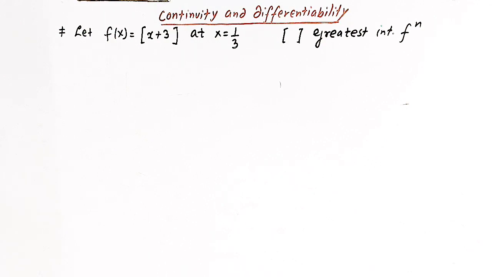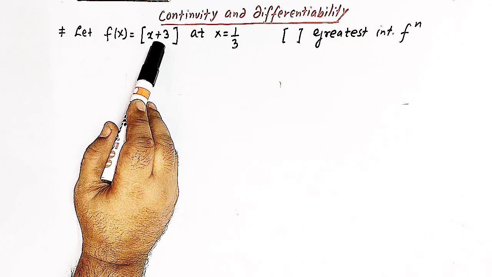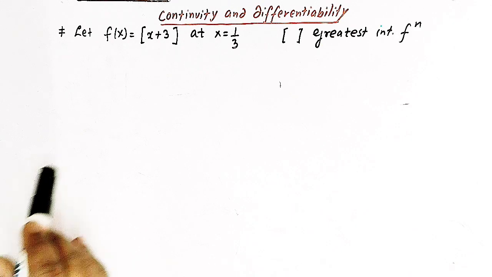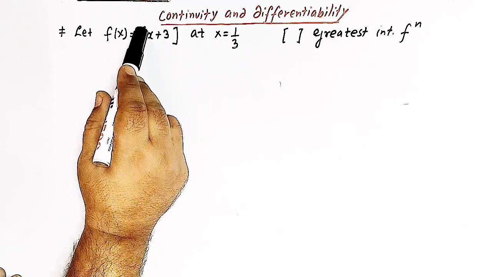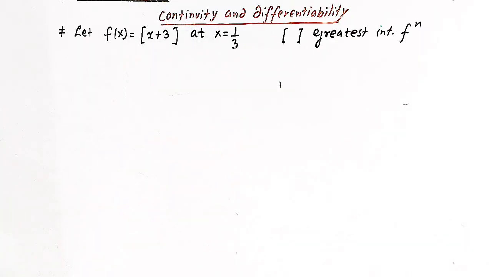Hello viewers, in today's session we are going to discuss an important and conceptual problem from continuity and differentiability of functions. Right? So here we are going to discuss this problem in which we are given a function f of x, which is equal to the greatest integer of x plus 3, and we have to see the continuity and differentiability of this greatest integer function, that is greatest integer of x plus 3, at this point x is equal to 1 over 3, right?